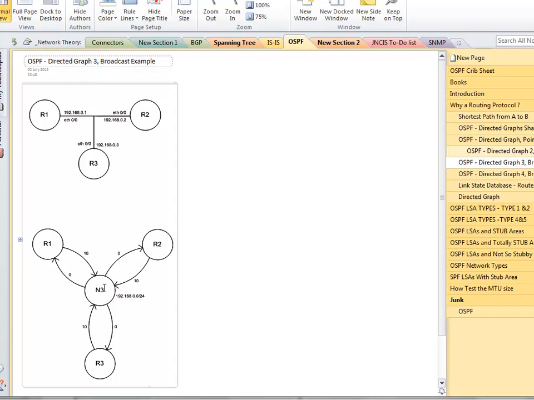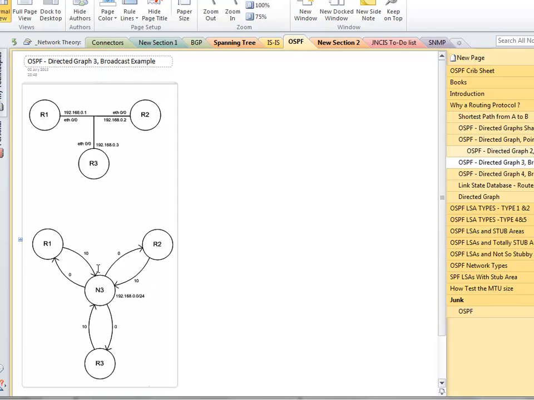How do we do this? What's the actual mechanism? Well, the routers on a shared segment elect what's called a designated router. Again, I'll come on to how you elect a designated router later on. I don't want to get bogged down in that here.